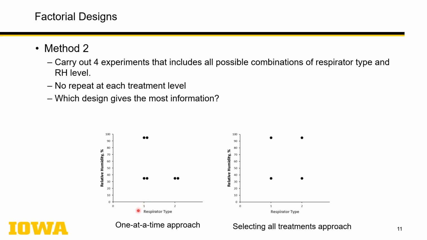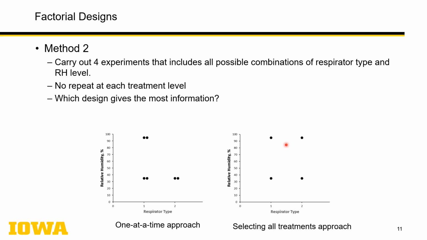Then we chose respirator 1 and looked at it in terms of 2 humidity levels. You see what happened in that process of just doing it intuitively is we actually missed an entire possible combination, which is respirator 2 at the high humidity level. It just didn't factor into the experiment, as versus making sure that it does.